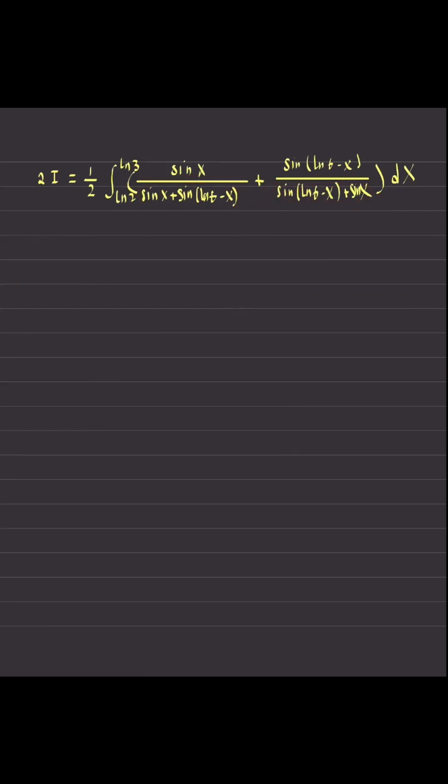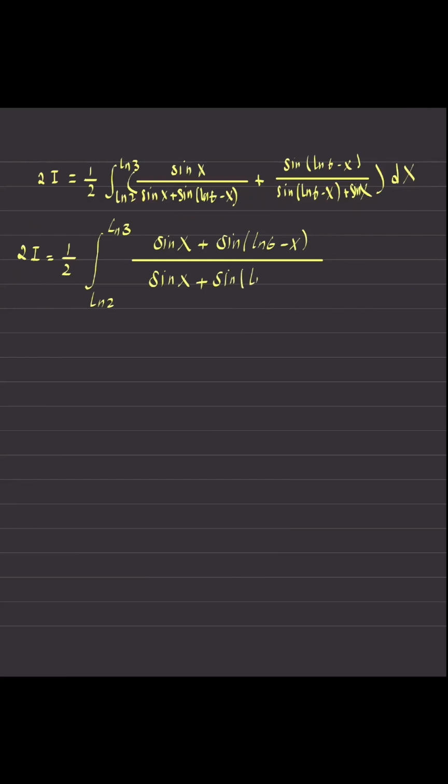So what I can do, I copy and paste 2I, I copy and paste 1/2 integral from ln of 2 to ln of 3. Then I add the numerators with the same common denominator. So this becomes sine x plus sine of ln of 6 minus x all over sine x plus sine ln of 6 minus x. And then I have dx.